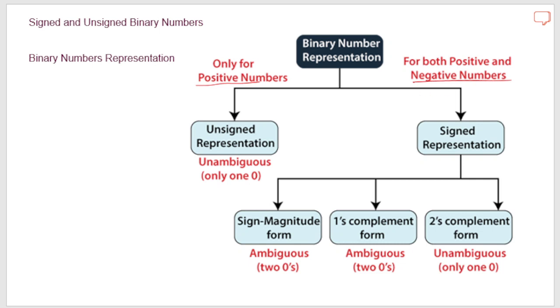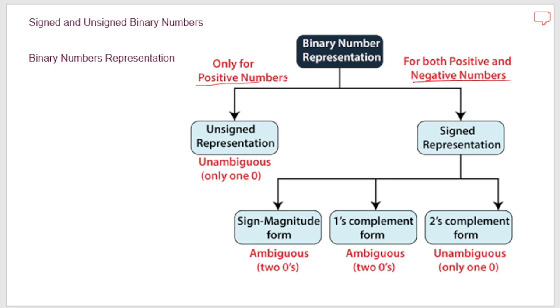It is very easy to represent positive and negative numbers in our day-to-day life. We represent the positive numbers without adding any sign before them, and the negative numbers with a minus sign before them. But in a digital system it is not possible to use a negative sign, because the data is in the form of binary.